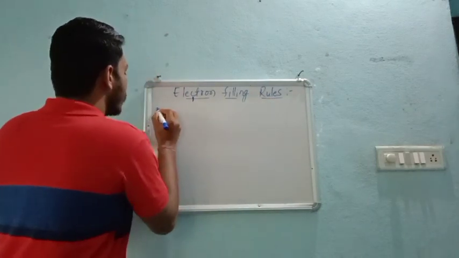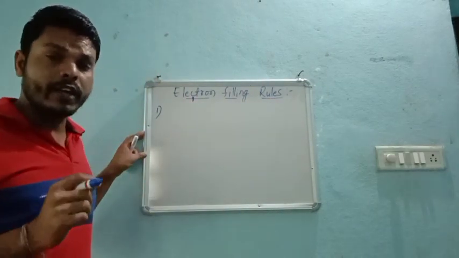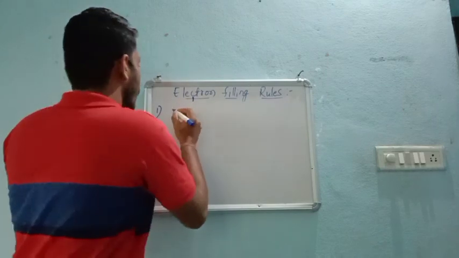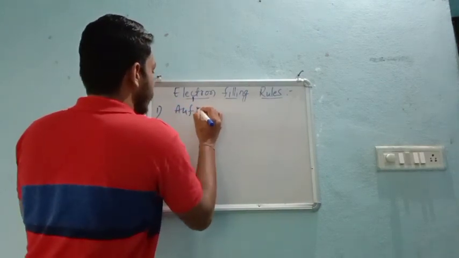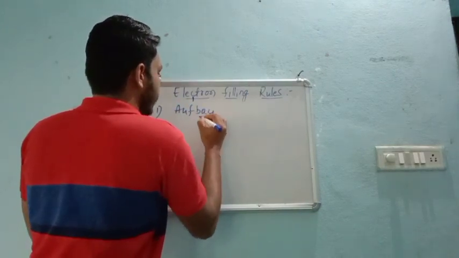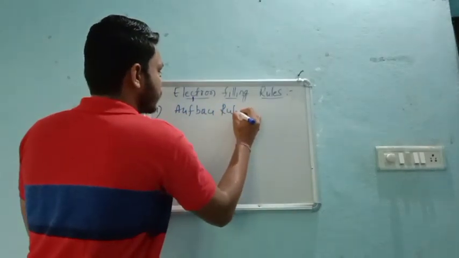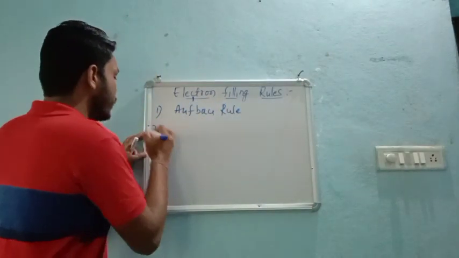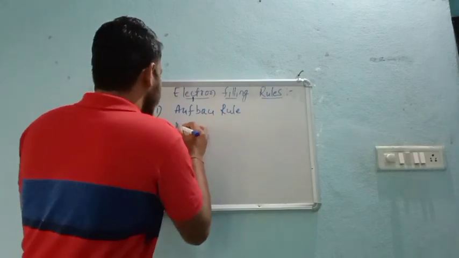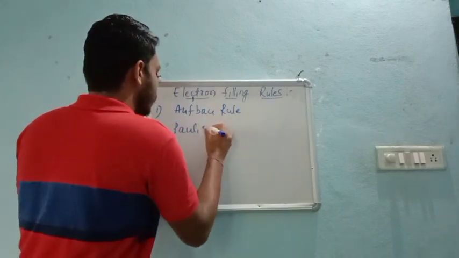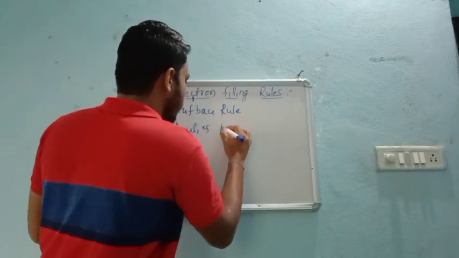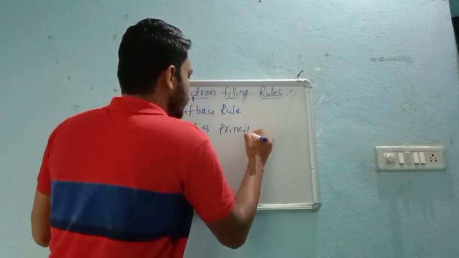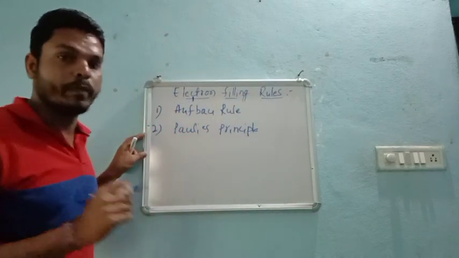So there are three rules for electron filling. The first rule is the Aufbau rule. Number two, Pauli's exclusion principle. As a shortcut I will write Pauli's principle, but the actual name is Pauli's exclusion principle.